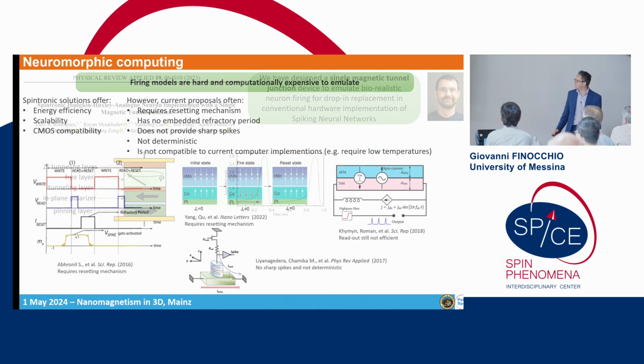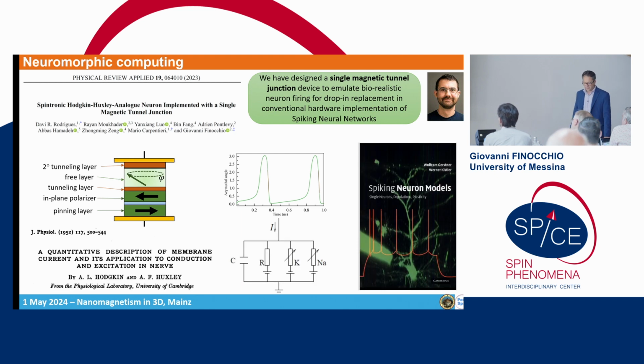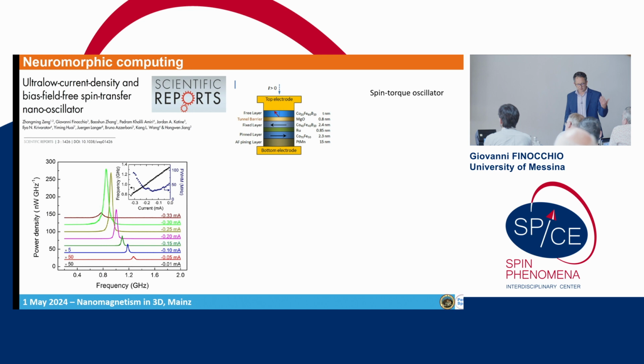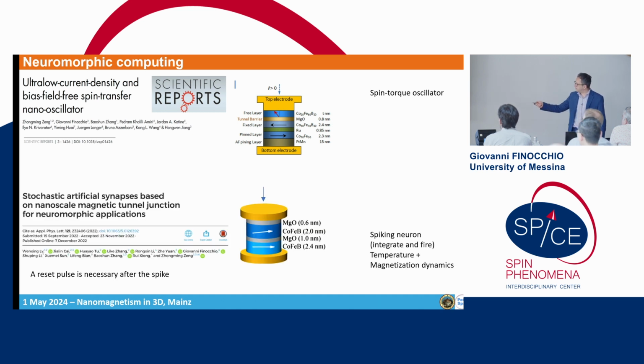We recently proposed a solution which uses MTJ, where you combine the spin torque together with thermal effect. We found that using a spin torque oscillator, you can tune the frequency of the oscillation in this way, combined with the idea from this paper where we have a temperature effect because you have two MgO layers. So you really control the spike here, but you need a reset.